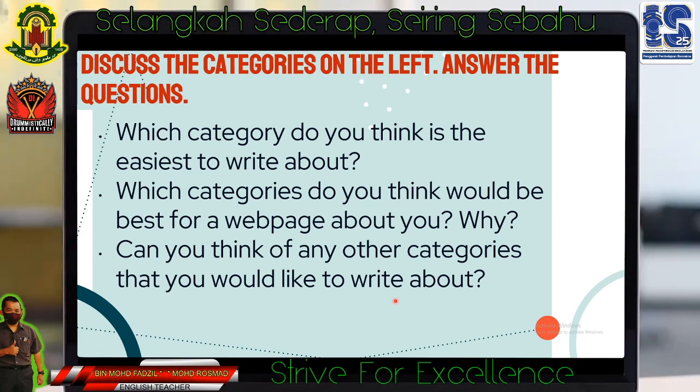Tell us or tell me. For me, dalam senarai tadi, I couldn't find kategori my holiday. My holidays tak ada. So I want to share the story about my holidays in my web page. Can? Why not? You boleh share. You boleh use that category.